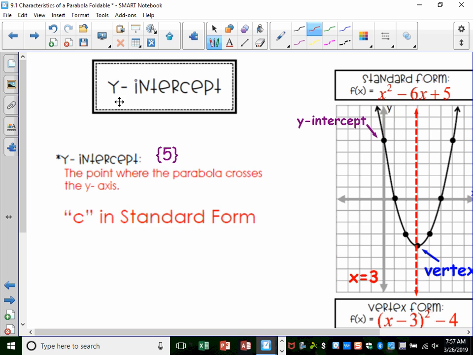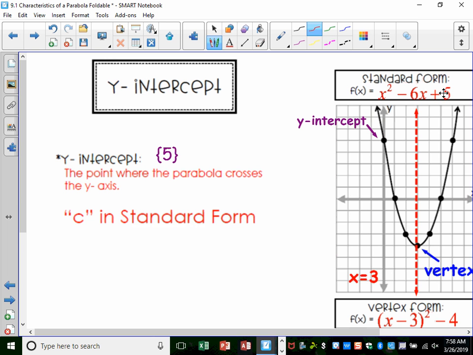All right, so now we're going to talk about the y-intercept. So right here, just put a line right where it's crossing the y-axis. Just put a line that says y-intercept. I'm sure you guys know y-intercept, just like when we were graphing linear equations, is where the line crosses the y-axis. Now, when it's in standard form, it should be your c term.